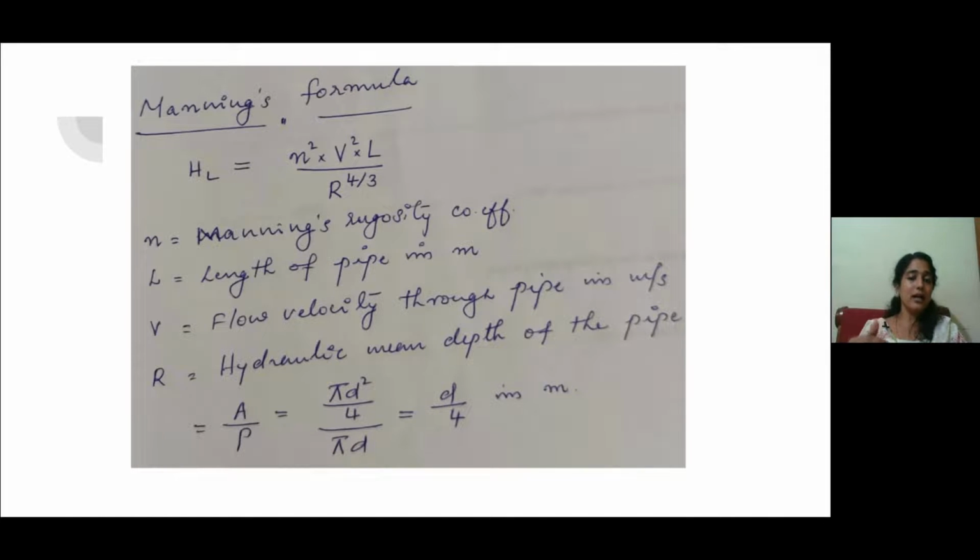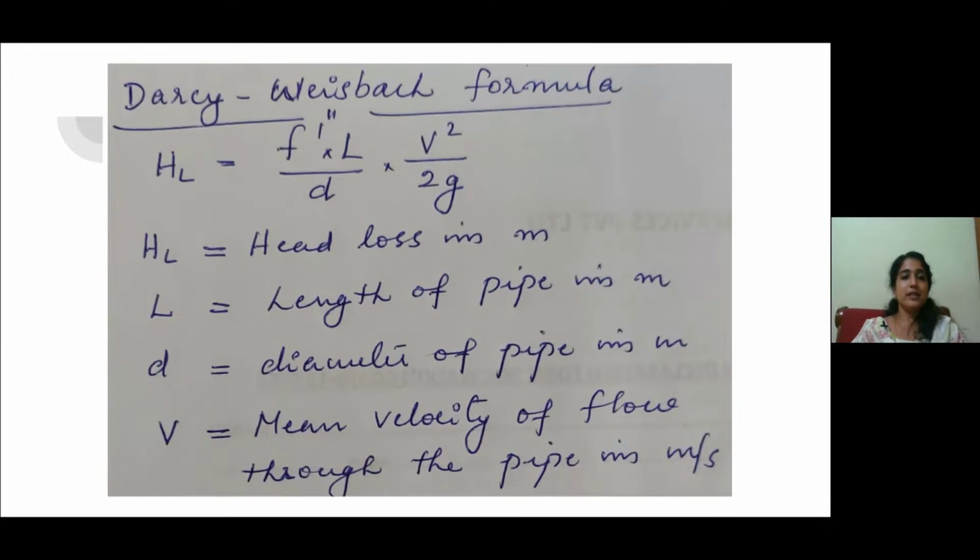This formula you can convert into K into QA raised to X, where K is the coefficient, that is constant in the Manning's formula. That is, except the QA part, that is the discharge part, all other parts will come under the value K. I hope you understood.